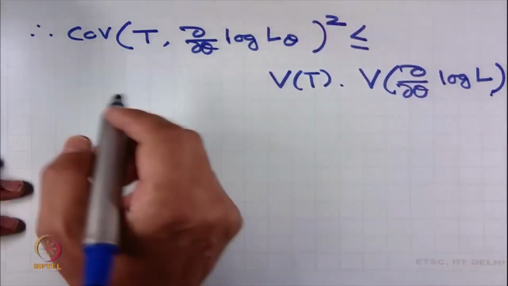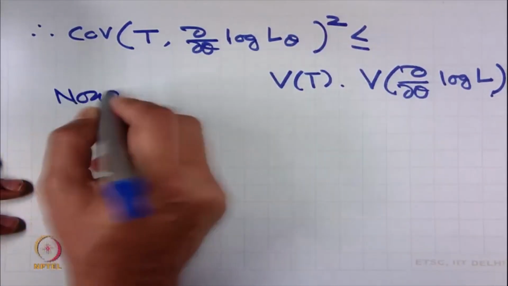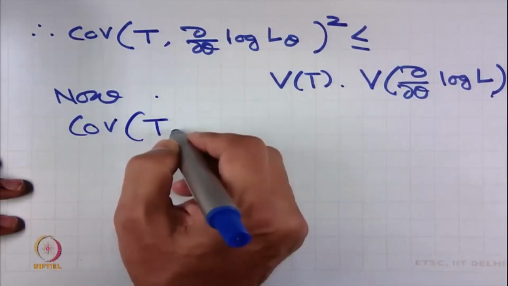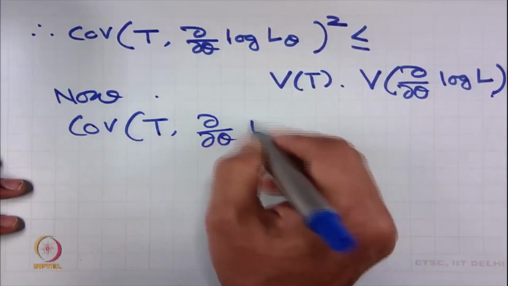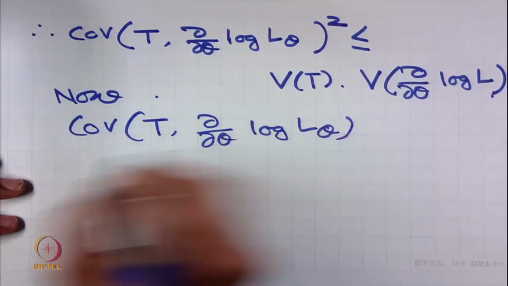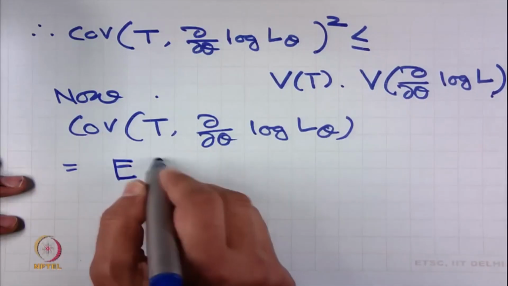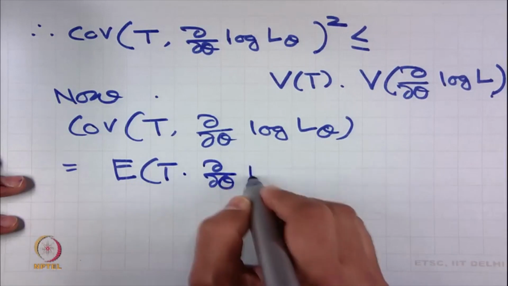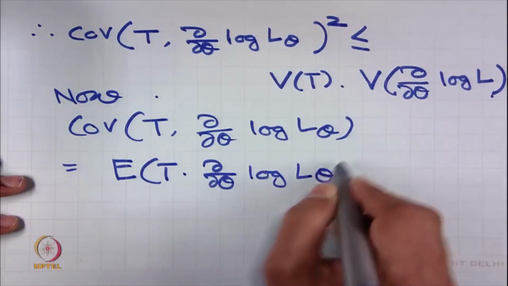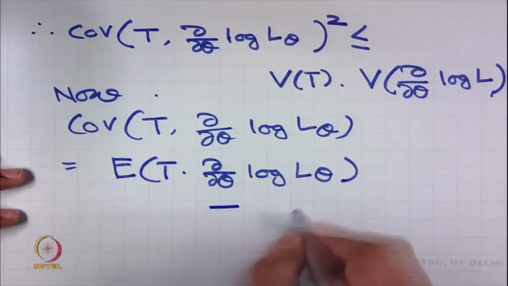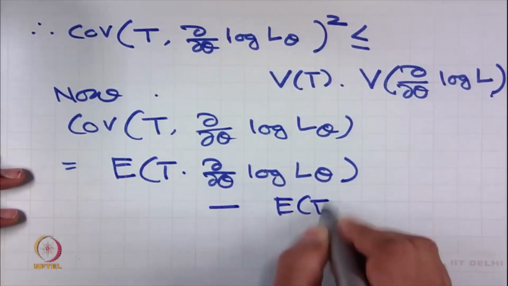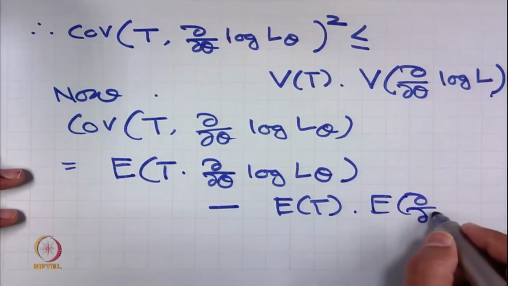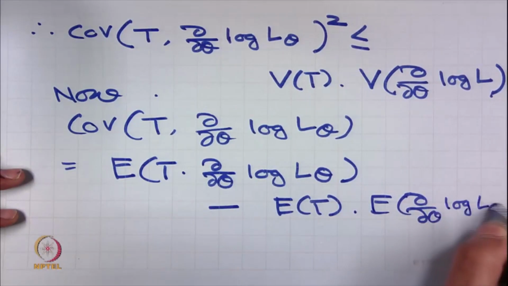Square. Now, covariance between t and del theta log L theta can be written as expected value of t times del theta log L theta minus expected value of t into expected value of del theta log L theta.